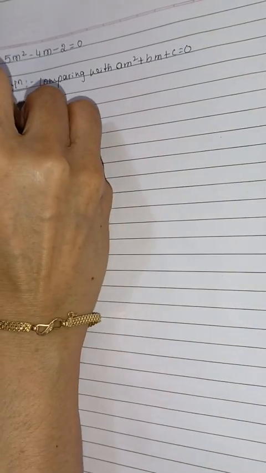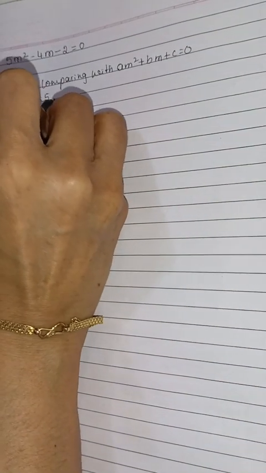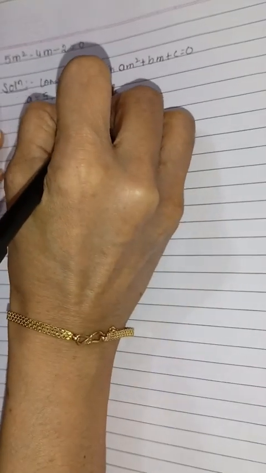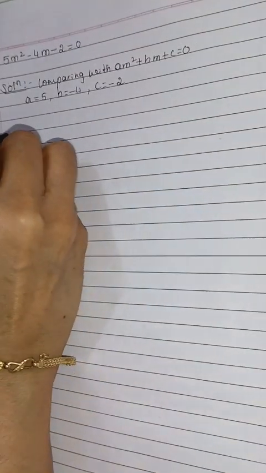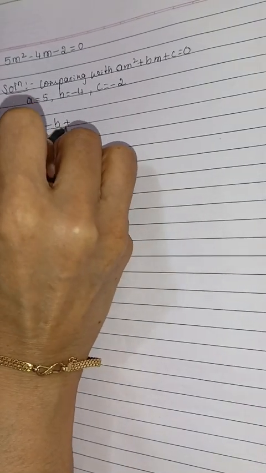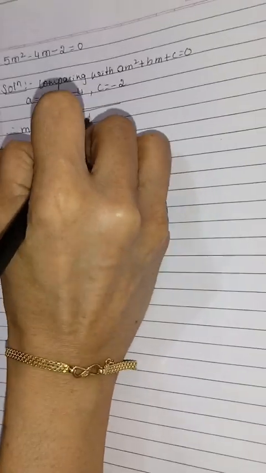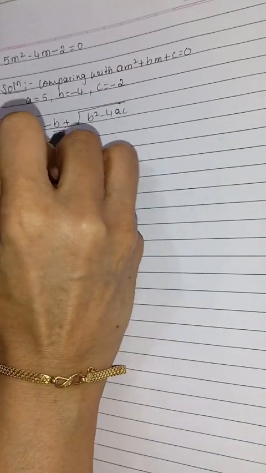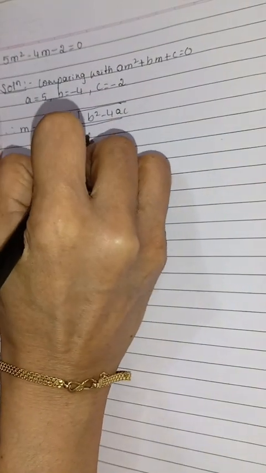Therefore a is 5, b is minus 4, c is minus 2. Therefore m is minus b plus or minus square root of b square minus 4ac divided by 2a.